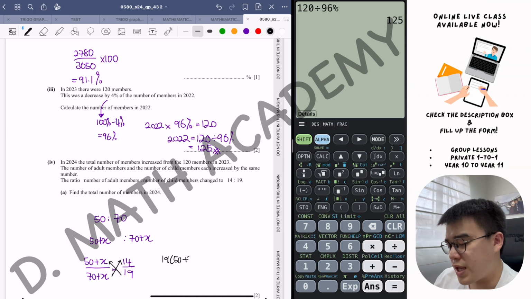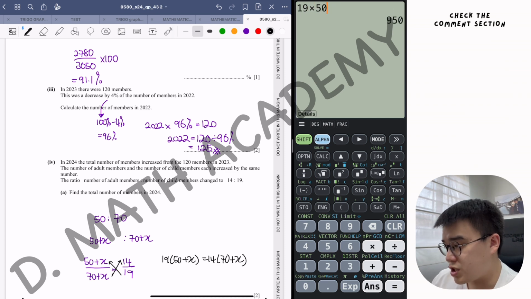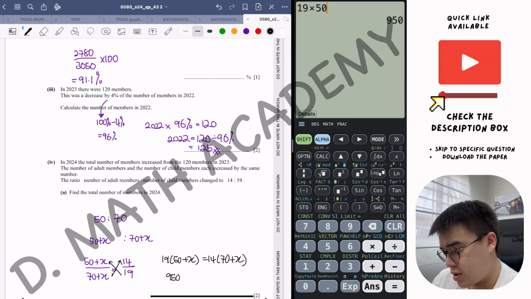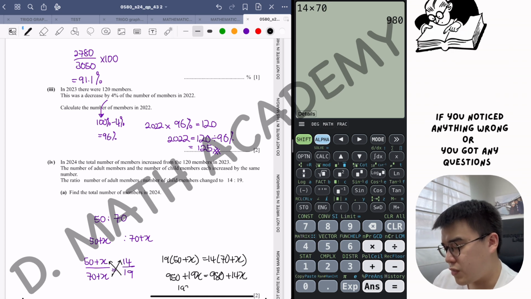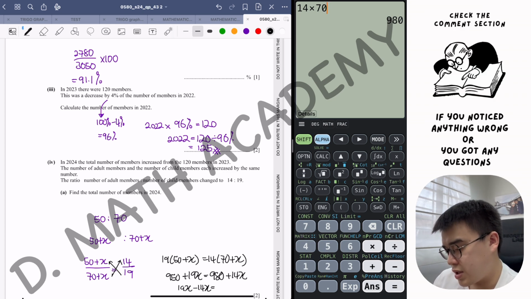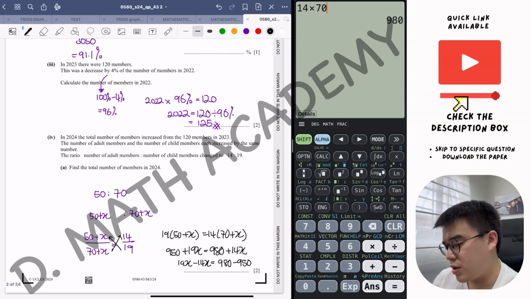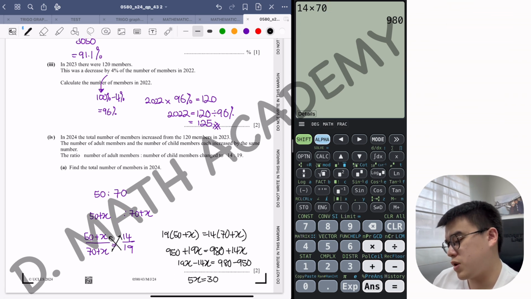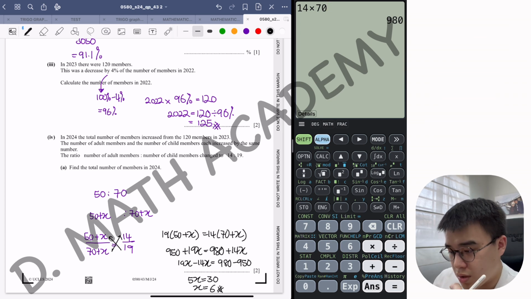So I have 19 times (50 plus x) equals 14 times (70 plus x). Make some changes here. When I shift x with x, you will get 5x equals 30, so x would be 6.